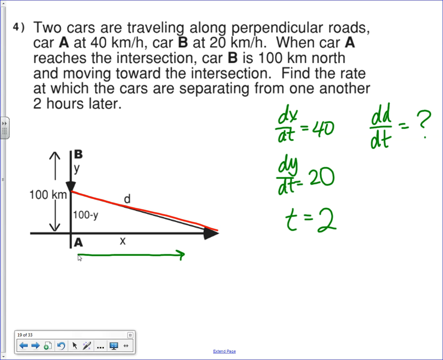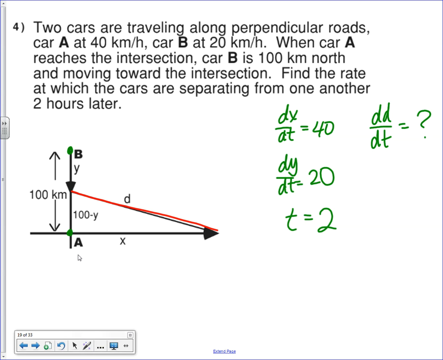What else do they tell me? Car A is approaching this intersection, so when car A is here, car B was 100 kilometers away. So we know that as well.